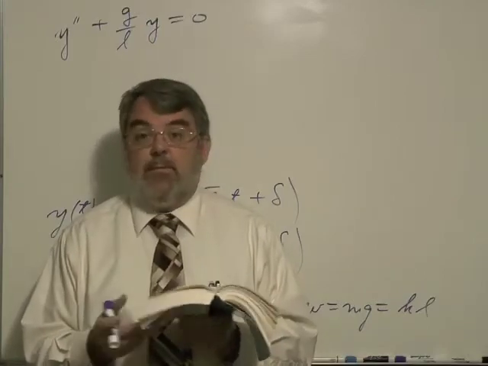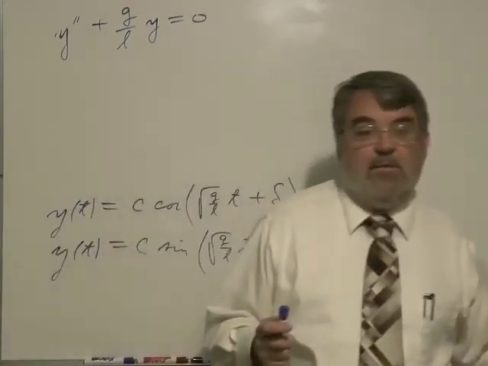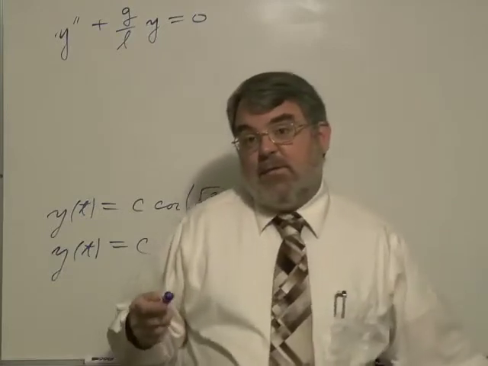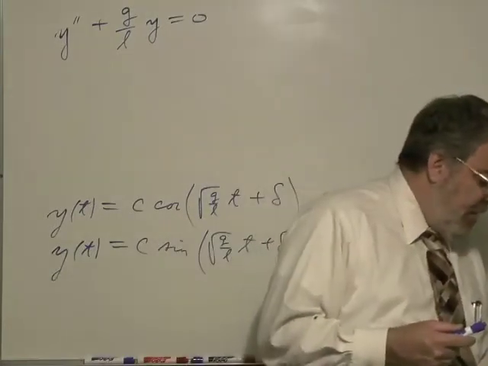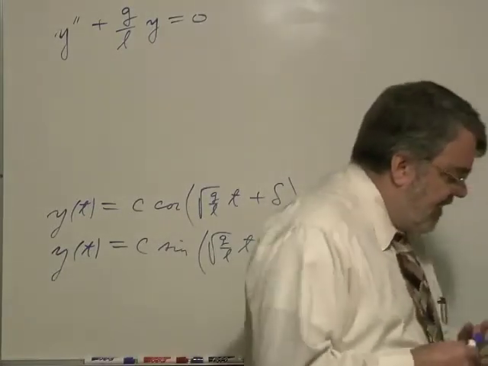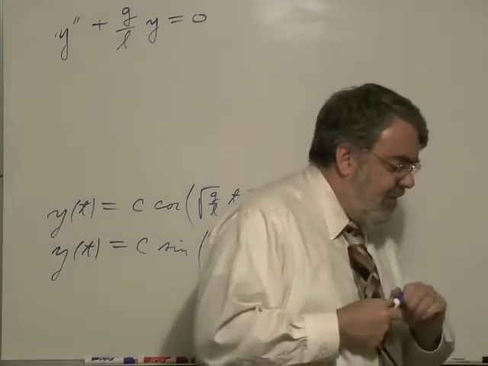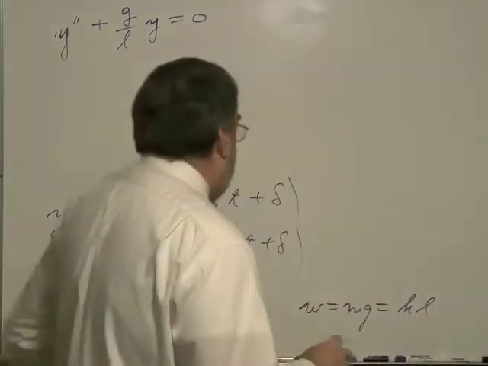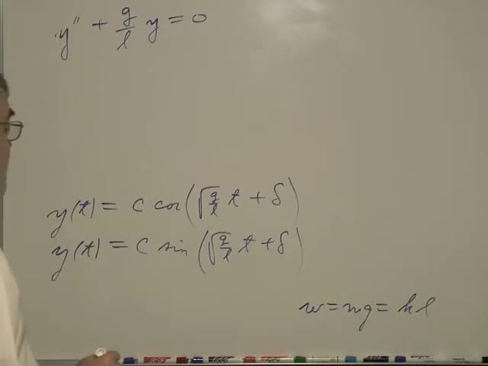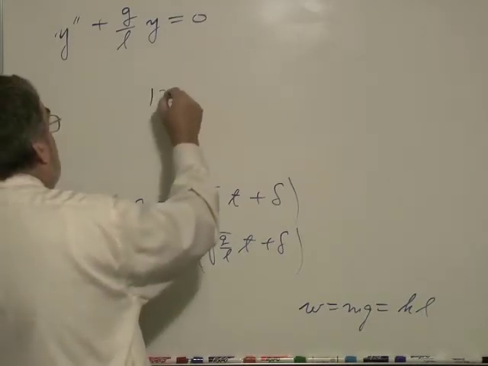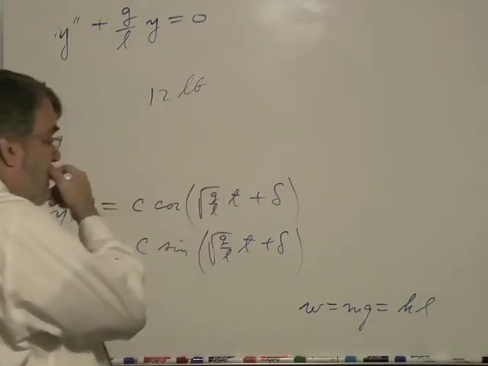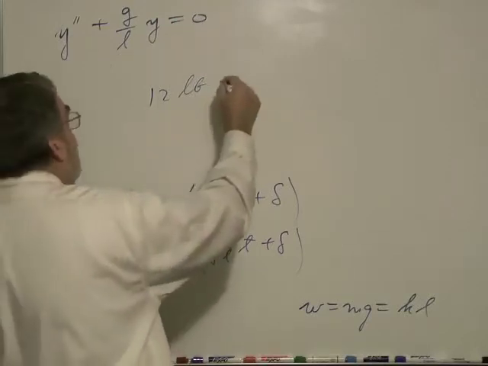Okay, very simple problem. It does not take into account the frictional characteristics of the spring. All right, so we attach 12 pounds to this body and it stretches 6 inches. Now, weight is 12 pounds. And by the way, what's the mass?